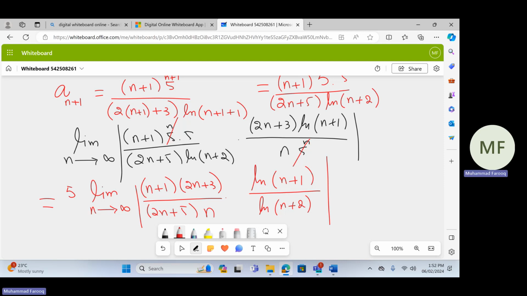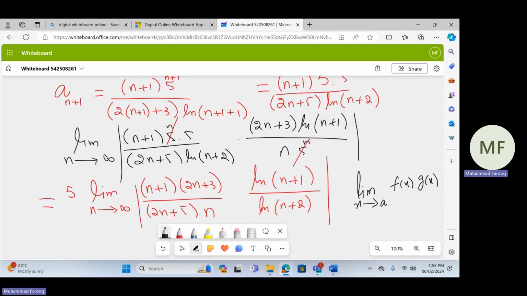Basically, limit has a property. If you have two different functions which are multiplying or even dividing, the limit can go to them separately. Means limits for the polynomial and limits for the natural log. Maybe you are aware of that. So limit as x approaches any point, if you have f of x times g of x, okay? So we can write this.